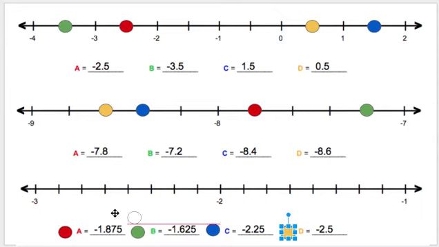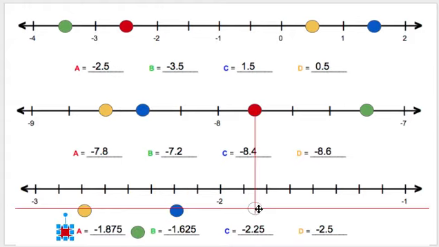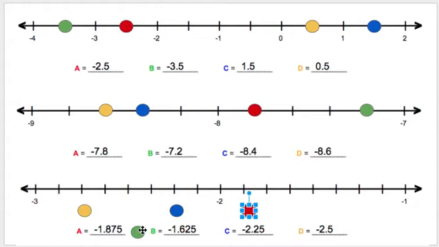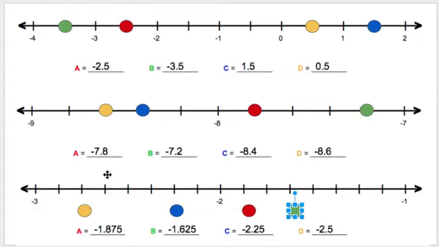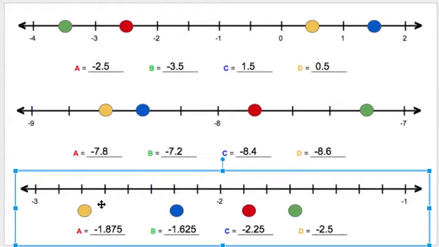The farthest in debt is negative $2.50, then negative $2.25, then negative $1.88, then negative $1.62. And I didn't place these perfectly based on the number line, but thinking about money, I was able to get the correct order. D, C, A, B.